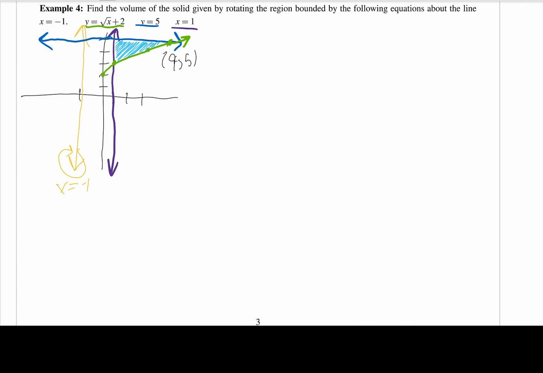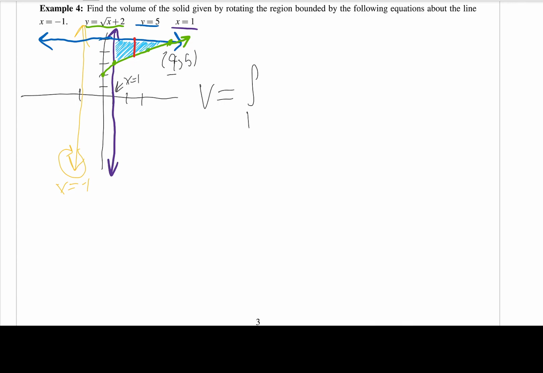Okay, so we're going to take a slice parallel to our axis of rotation, which tells me this is a vertical slice. It's going to be a dx integral, right? And we can write this as V equals the integral from, let's see, so this happens at x equals 1.